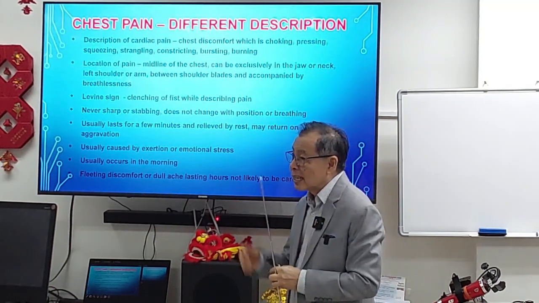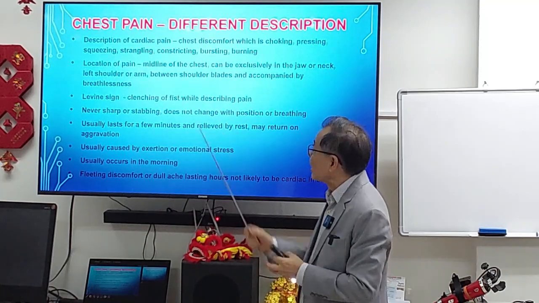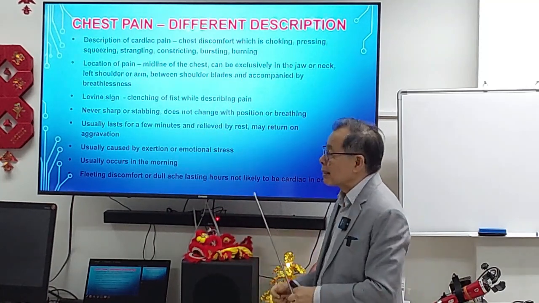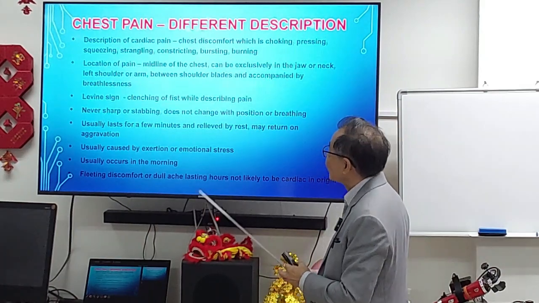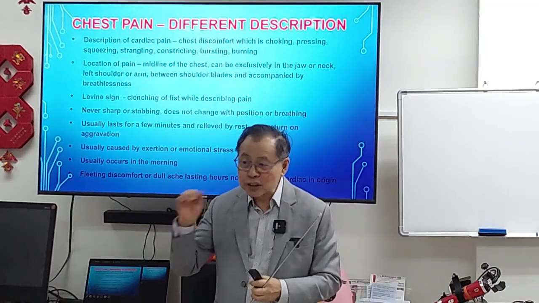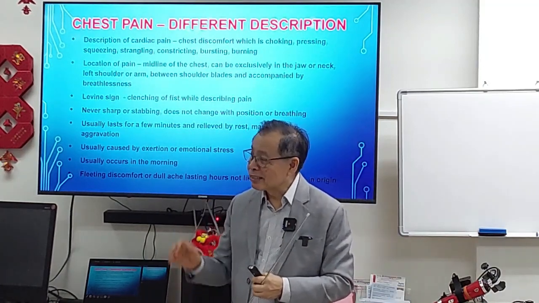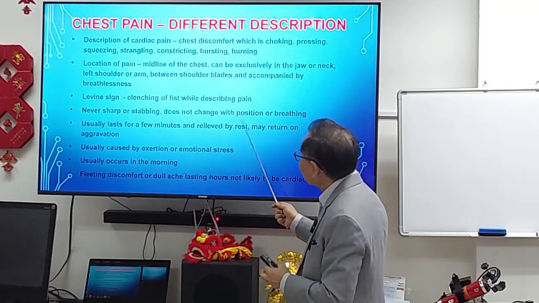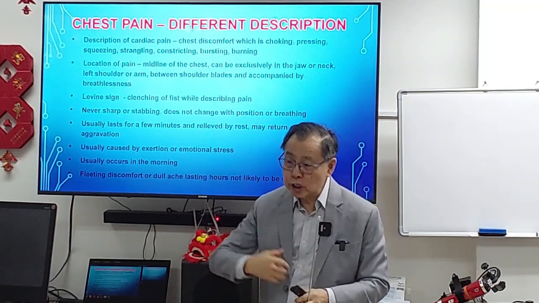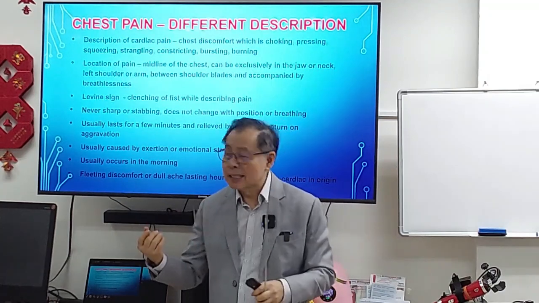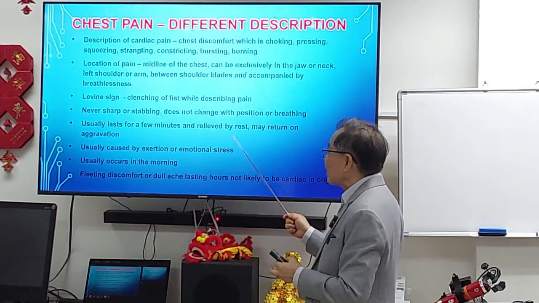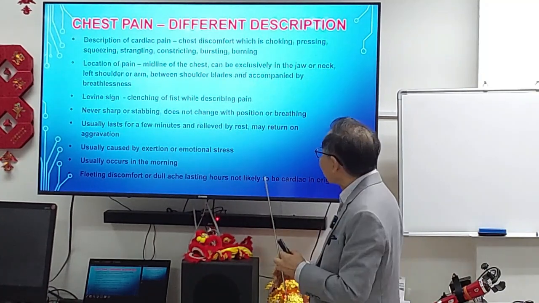And there is a sign called the Levine sign. The Levine sign is people clench their fist when they talk about their pain in the heart. And mind you, it's never sharp or stabbing. It's not a sharp pain. It's a very blunt pain. And it doesn't change with position and breathing. If it changes with position or bending or breathing, it's due to some other things. And the unfortunate thing is, it gets better after a few minutes.